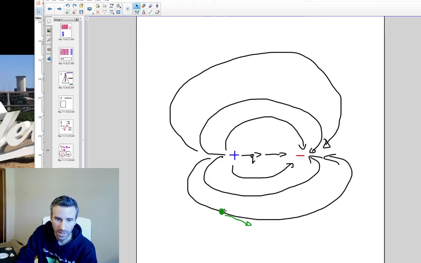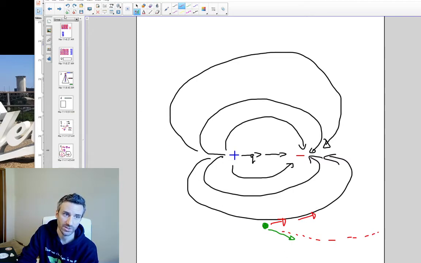So if this positively charged object goes this way, now the force acting on it will be in sort of that direction, right? Well, it's going to make it have a curved path out this way. It's not going to actually flow in that direction. That's just the direction of the force acting on it, okay? So just be clear on that.